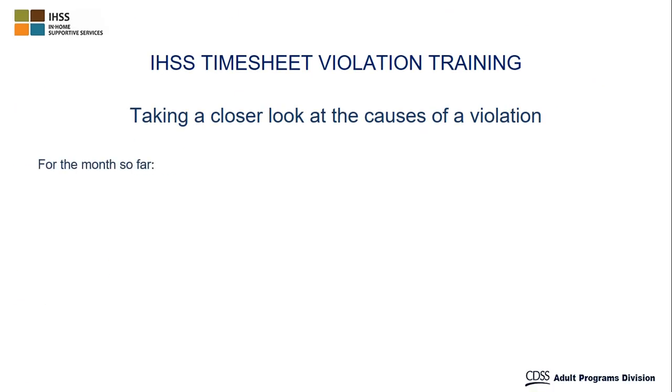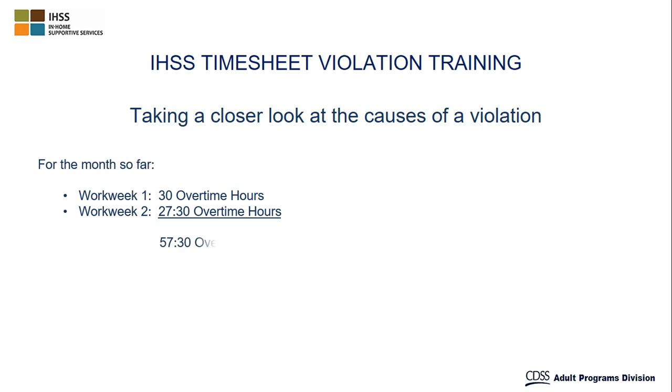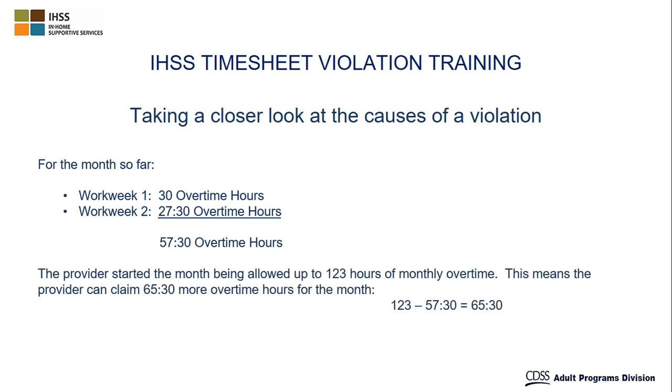Now, let's check and see where the provider is with their monthly overtime hours. For work week 1, the provider claimed 30 hours of overtime, and for work week 2, the provider claimed 27 hours and 30 minutes of overtime. This gives the provider a total of 57 hours and 30 minutes of overtime for the month for Part A. The provider started the month being allowed up to 123 hours of monthly overtime.